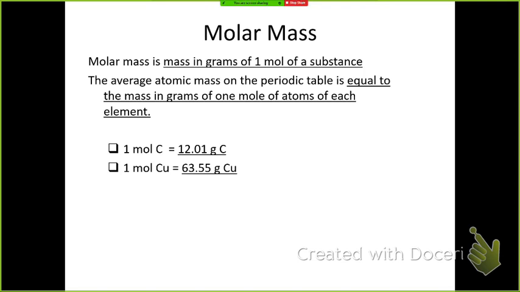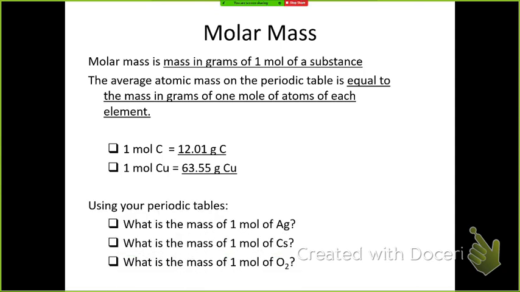That number in grams is the mass of 1 mole of copper atoms. So if I weigh out my copper and I know the mass of copper that I have, I can figure out how many copper atoms there are, because 1 mole always weighs 63.55 grams. If I had carbon, 1 mole of carbon atoms weighs 12.01 grams.